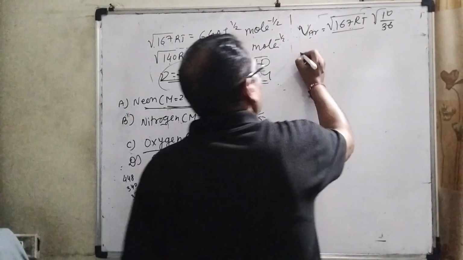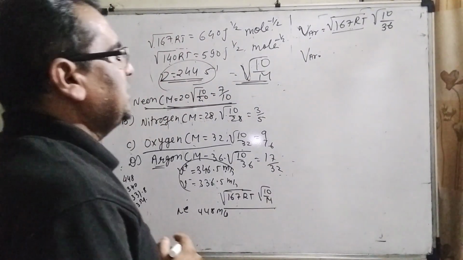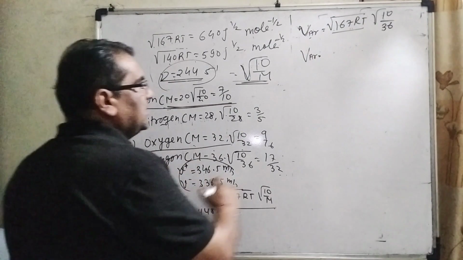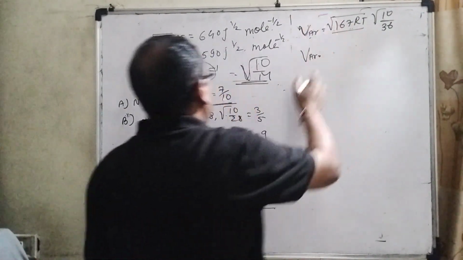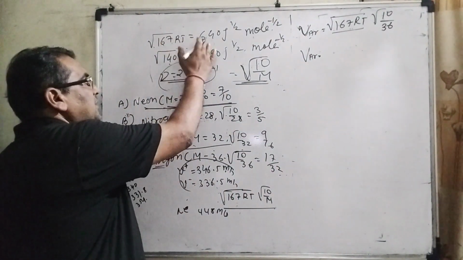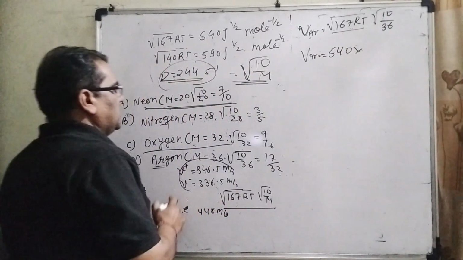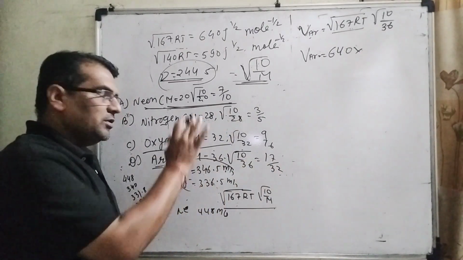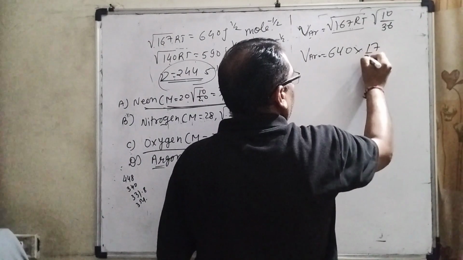Speed in argon: V, monoatomic, so 167 RT, and the value of M for argon is 36, so root 10 by 36 times root 167 RT. All the information is given in the question, so root 167 RT is 640, and root 10 by 36 is given in the question as 17 by 32.